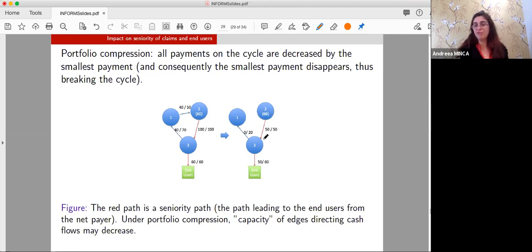So only a flow of 50 is going to reach 3, whereas 3 owes 60 to the end user, so in some sense this capacity is not going to be filled, and that's bad. So this idea of fulfilling the obligation to end users means that on the edges to end users, you would want to have a flow that is equal to the full capacity of the link, and anything less than that is going to imply a loss to the end users.